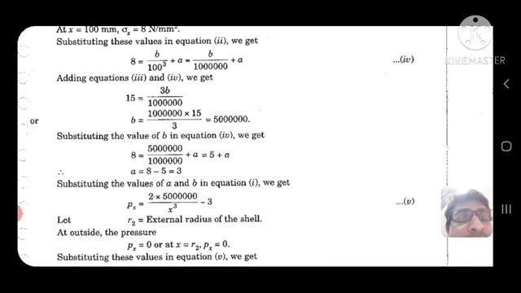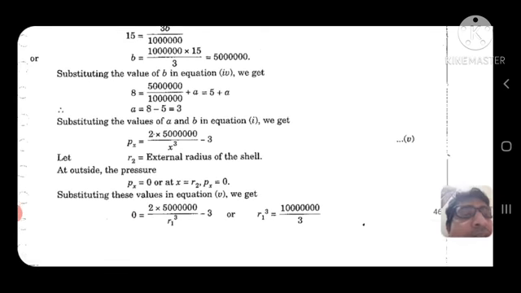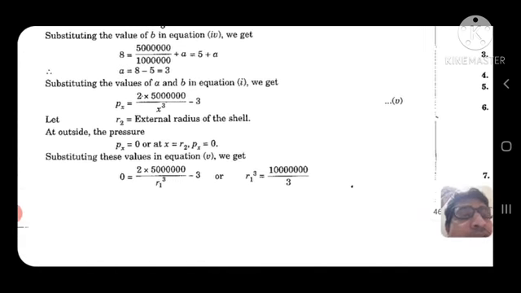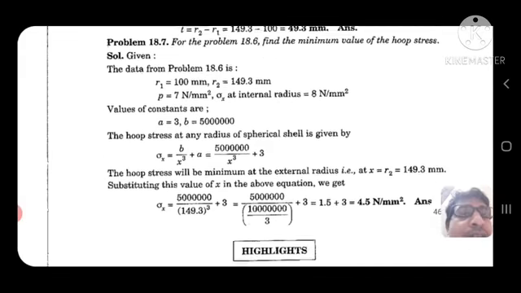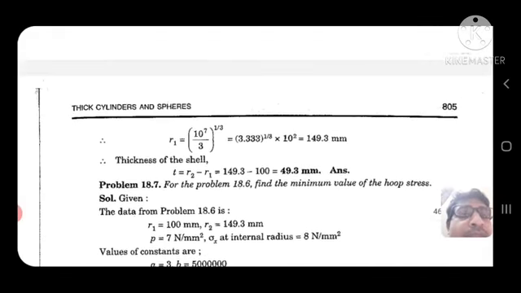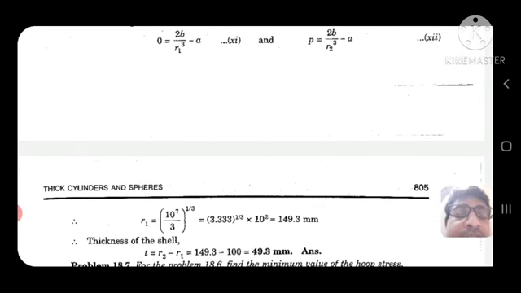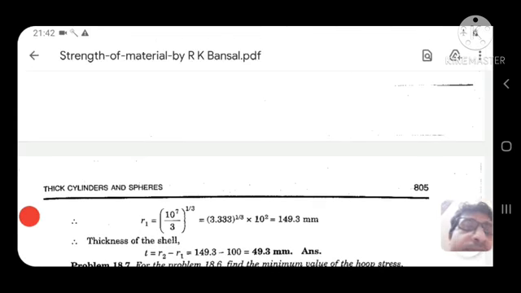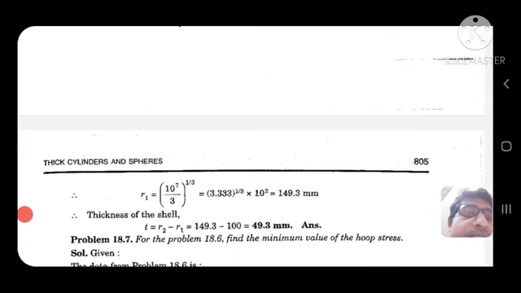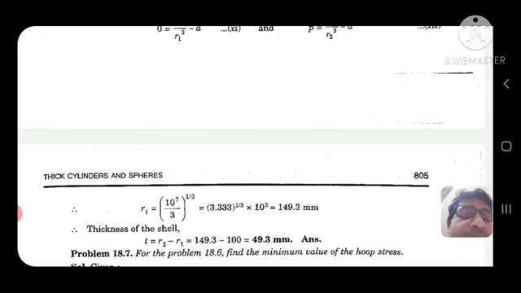So substituting this value, you calculate r1 cube equal to 1000 by 3, so r2 is equal to 10 to the power 7 by 3 to the power 1/3, that is equal to 149.3.